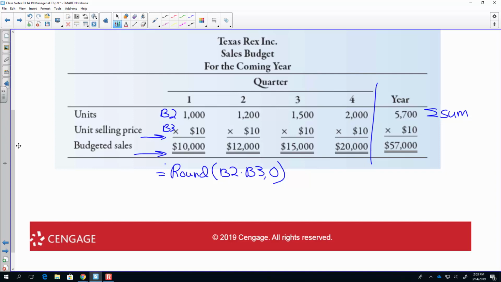For the yearly total number, does it matter if we auto sum the bottom row or multiply? I would prefer if you multiply. You can auto sum the quantities for the units, that's fine, but I would like to see a multiplication here. Because why would you have this number there then, right? So let's use it.